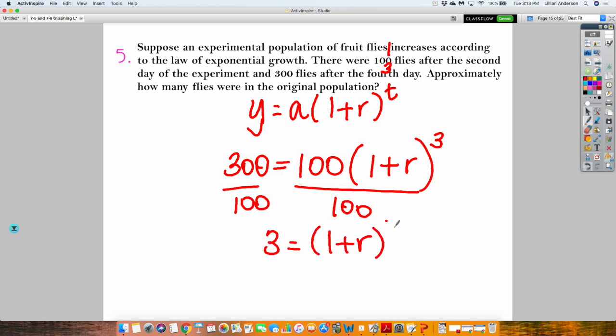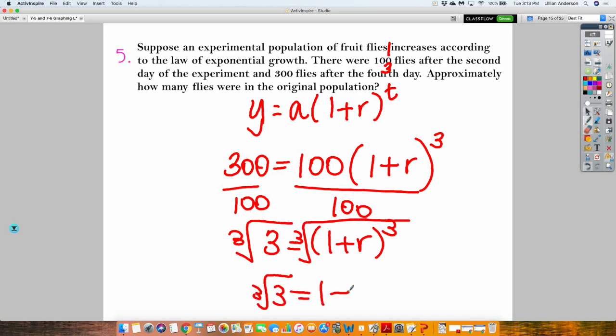What do I need to do? Take the cube root. And then once I get the cube root of 3, I need to do what? Subtract 1. What's my R?